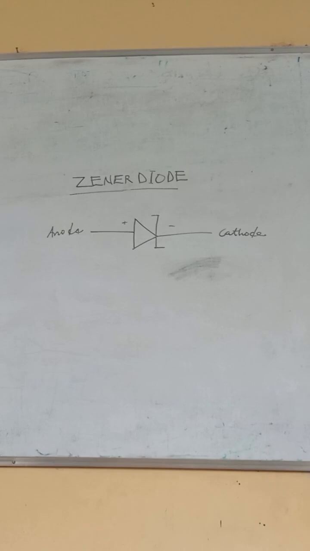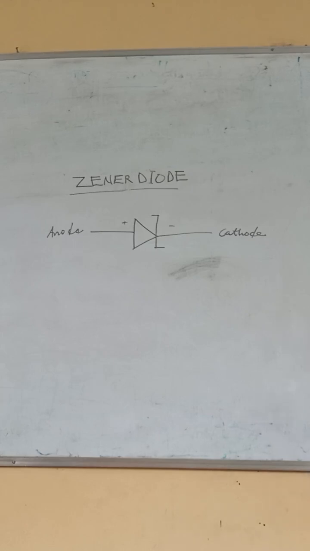Look at the diagram. It has its own symbol, and it has two terminals like other diodes: the anode as the positive terminal and the cathode as the negative terminal. It operates in two conditions like other diodes.